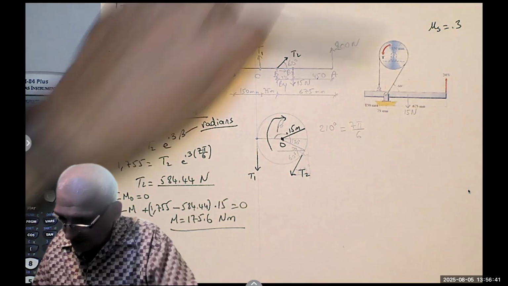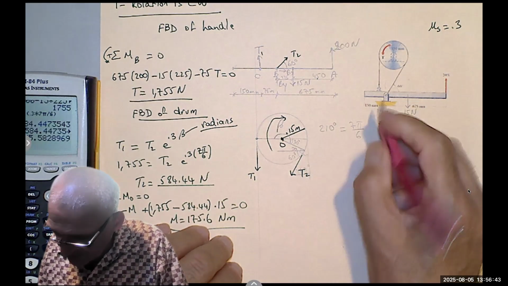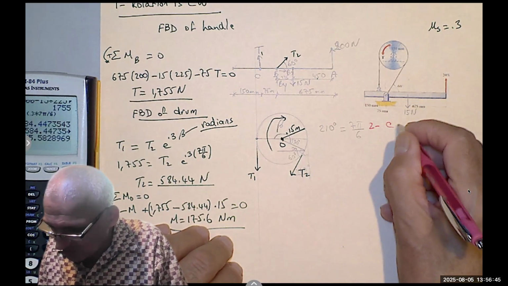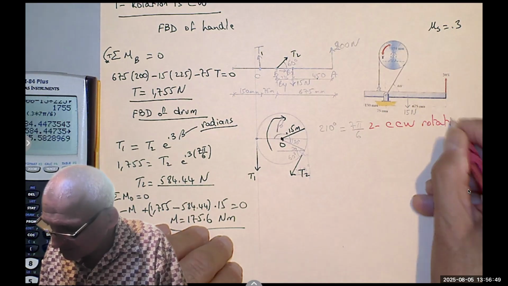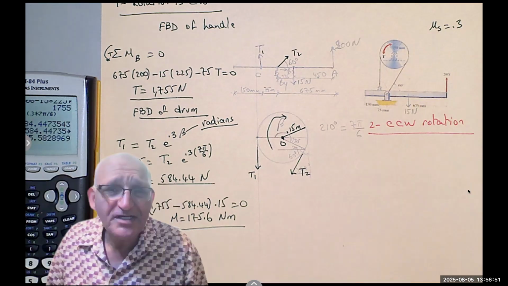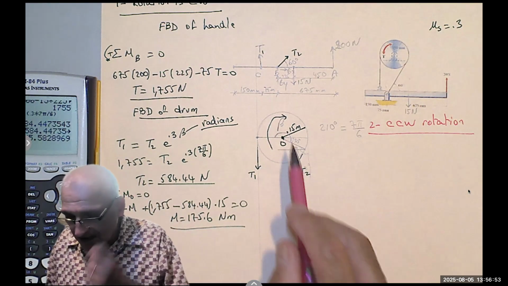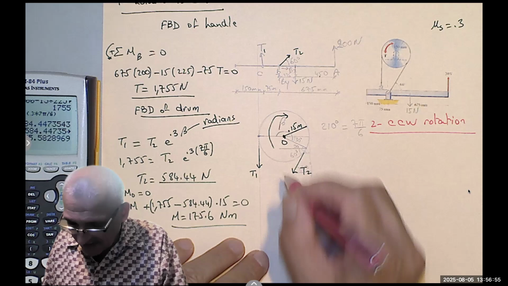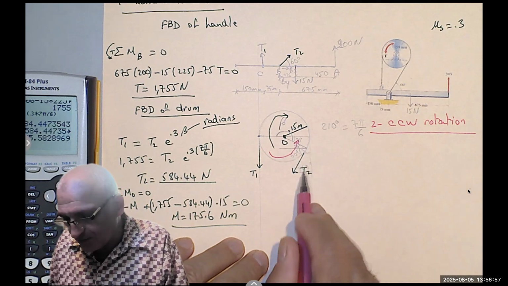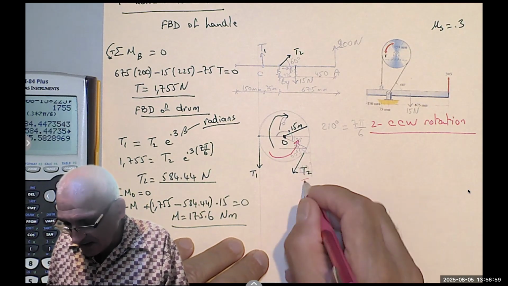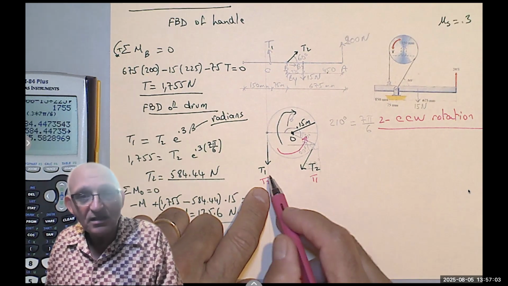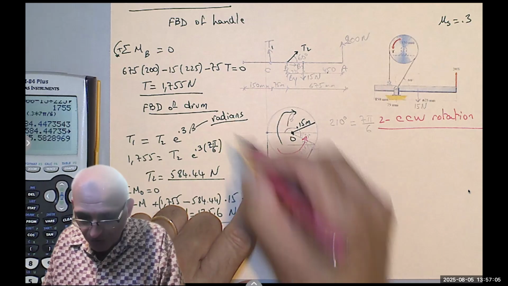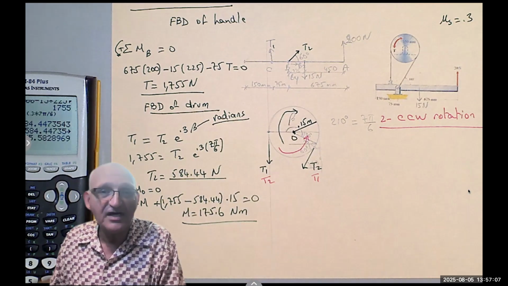Now, part B, or number two, counterclockwise rotation. So easy, because now you see that if it's rotating counterclockwise, that would become T1 and that would become T2, but the magnitude of T1 becomes the magnitude of T2, which is the 1755.